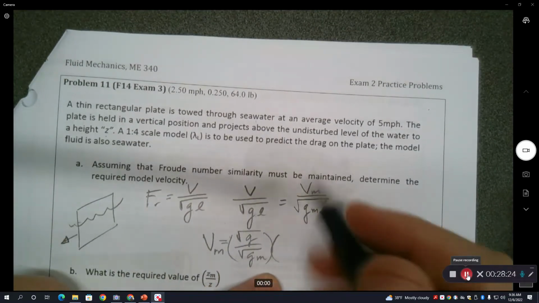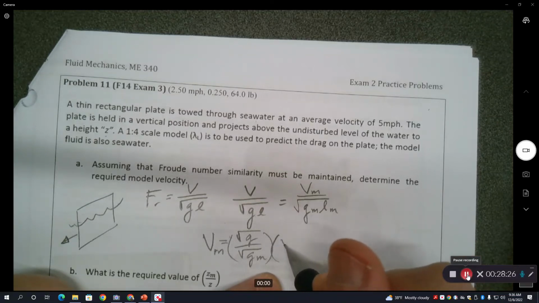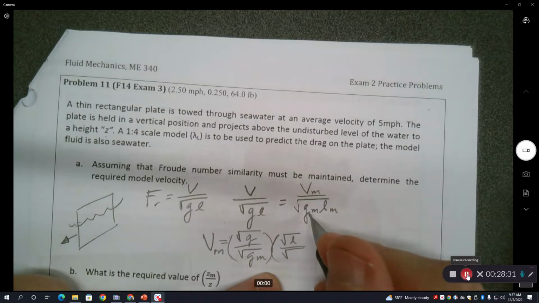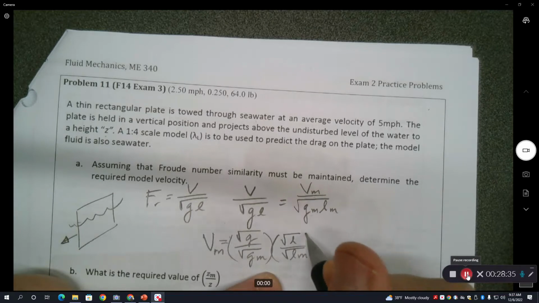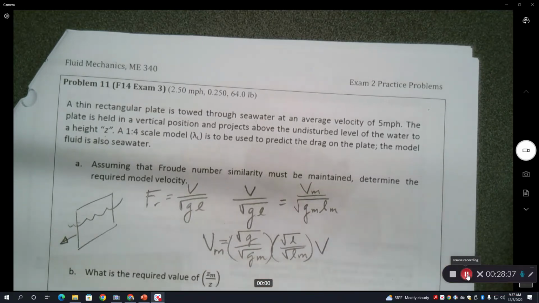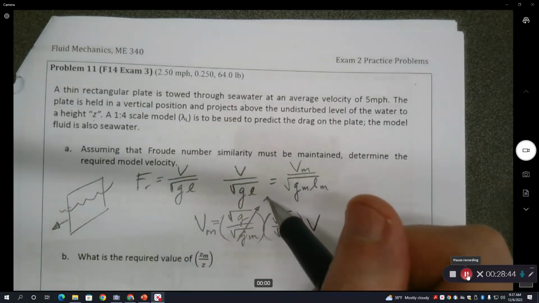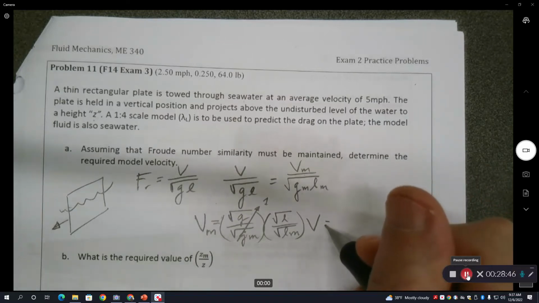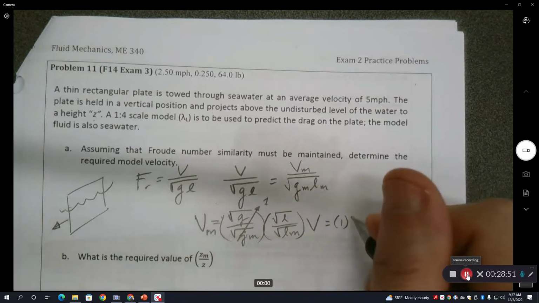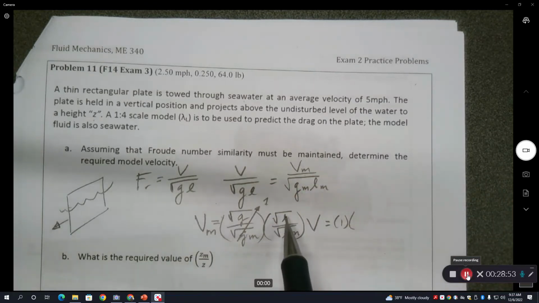And then the square root of L over the square root of Lm, and then times V. I like to organize them that way, and then you can think of each of these as a scaling thing. Of course, this one's going to go to 1 because we're not going to change what the gravity is. And this one's going to be the square root of the real thing divided by the model.